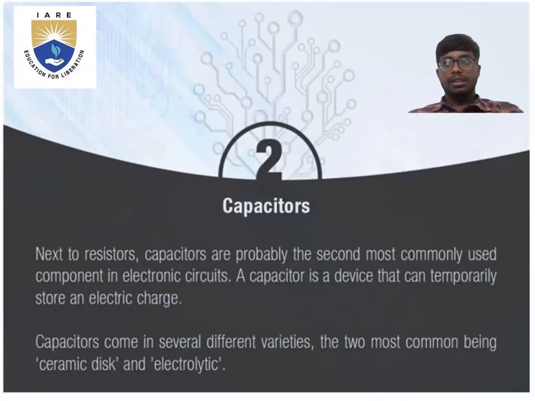Next to resistors, capacitors are probably the second most commonly used component in electronic circuits. A capacitor is a device that can temporarily store an electric charge. Capacitors come in several different varieties, the two most common being ceramic disc and electrolytic.